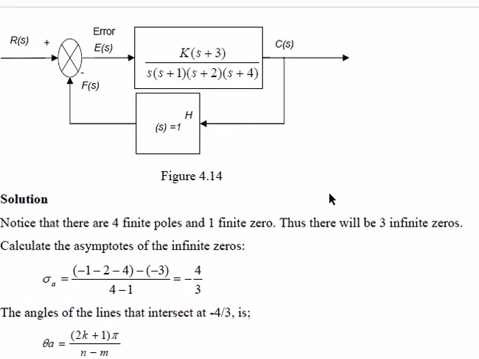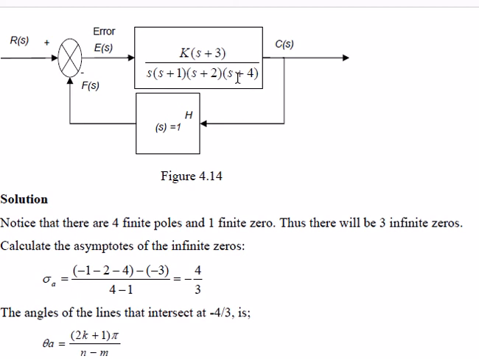Solution: first we need to determine our sigma A. Sigma A is the summation of finite poles minus summation of finite zeros. So now we have negative 1 minus negative 2 minus negative 4 minus negative 3, divided by 4 minus 1. 4 ni adalah the number of poles.